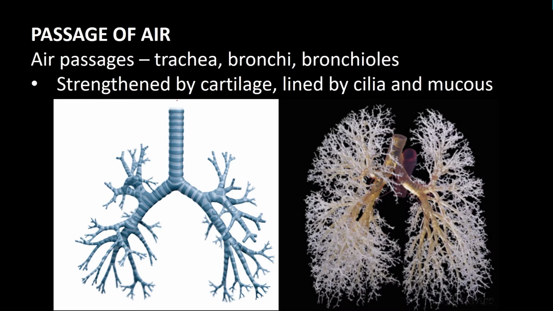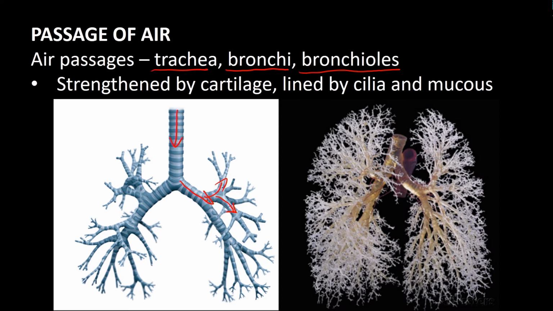Then, when the air gets into the air passages, it travels down, first of all, the trachea, then it splits into a bronchus going to each lung, and those bronchi divide into smaller and smaller air passages, which are the bronchioles.